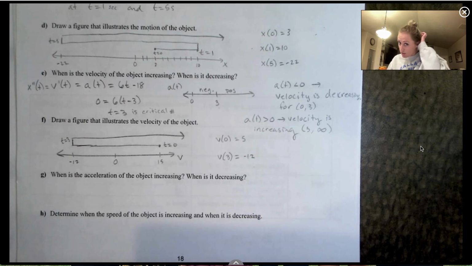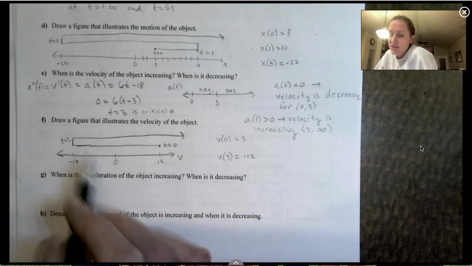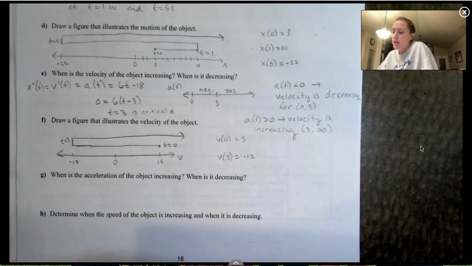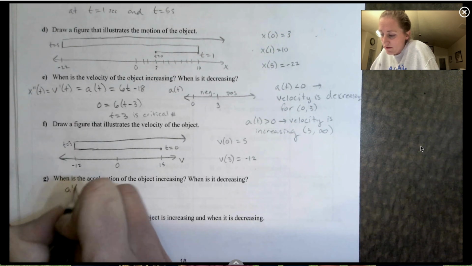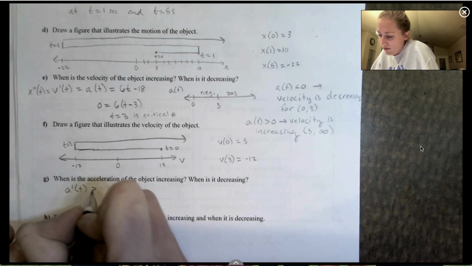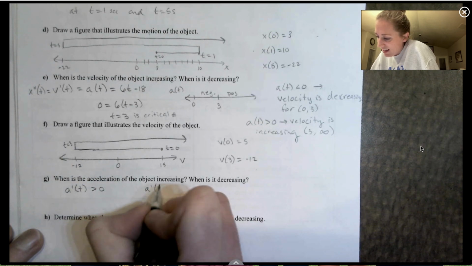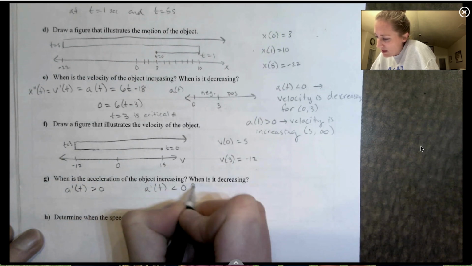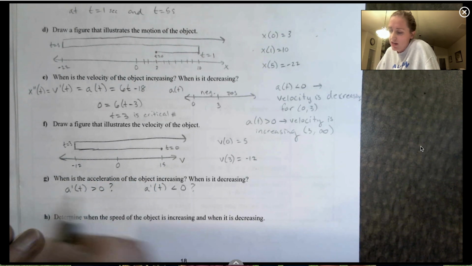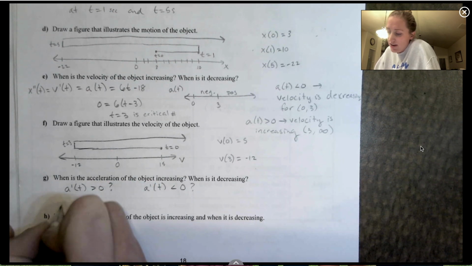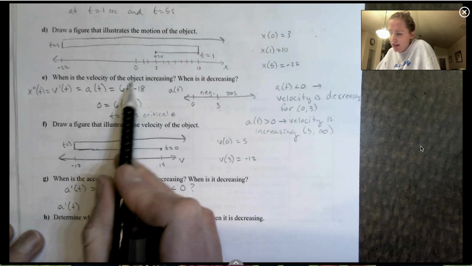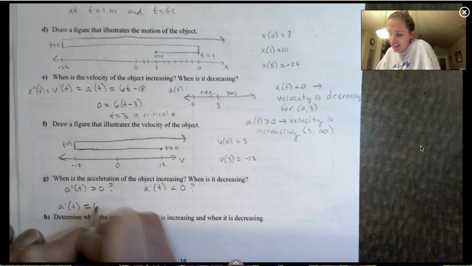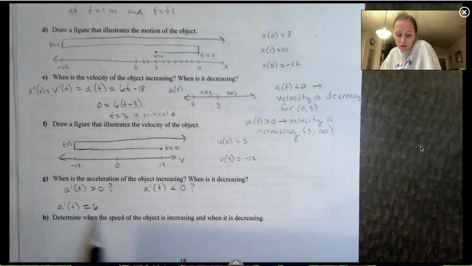Last two. When is the acceleration of the object increasing? When is it decreasing? Notice each time I'm taking the derivative. So if I want to find when the acceleration is increasing, I want the derivative of acceleration, and I want to know when it's greater than 0 and when it is less than 0. So this would be increasing, this would be decreasing. If I find a prime, my acceleration function was 6t minus 6, I get just 6. So this is always greater than 0.